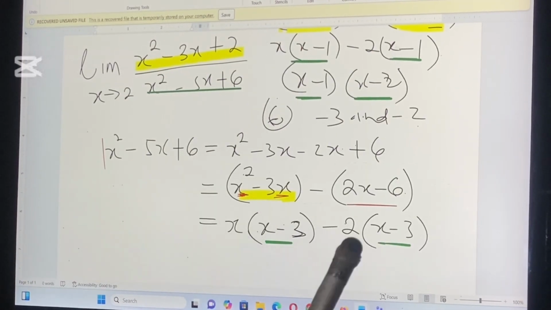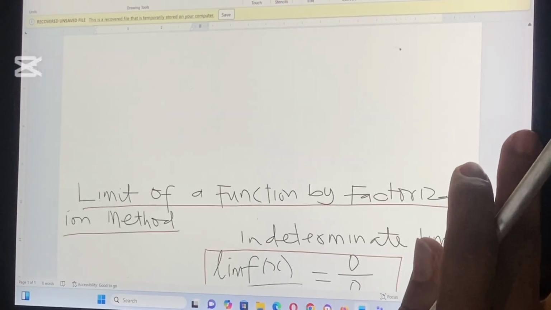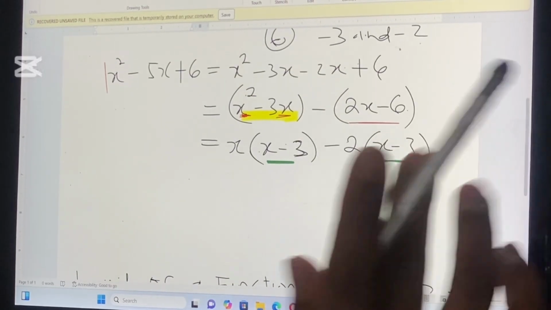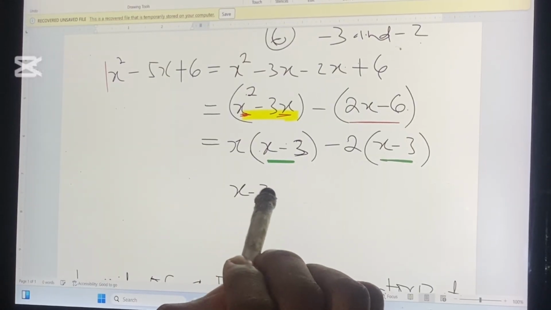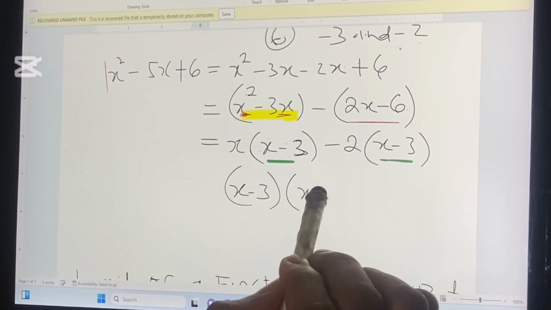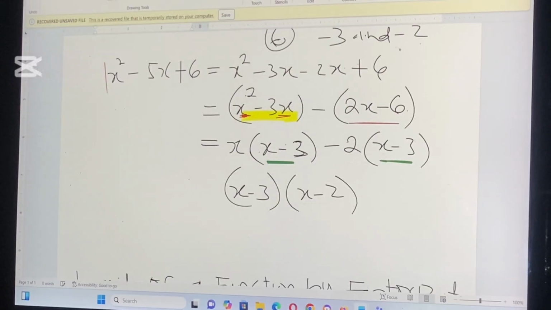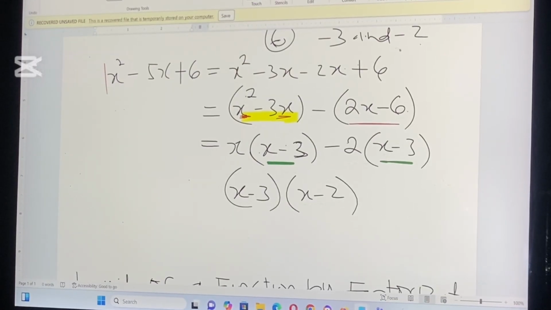So you take only one, please take note. When you take only one here, I will have s minus 3 into s minus 2. So when you factor the numerator, please listen to me carefully. When you factor the numerator, we have s minus 2 into s minus 1. When you factor the denominator, we have s minus 3 into s minus 2.